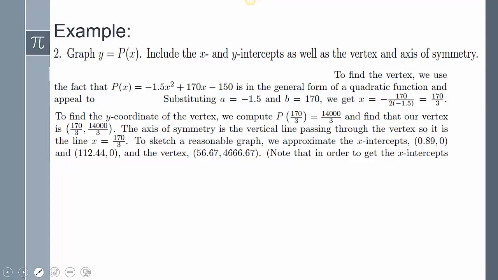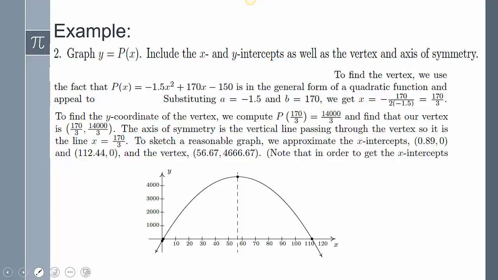It's kind of difficult to think of things in terms of 170 over 3, so I'm going to simplify that into 56.67 if you enter that in your calculator. Now I have to find my y value. If I take this and plug it in for x and simplify, I get my y value, which is 4,666.67. And so these two represent my vertex.